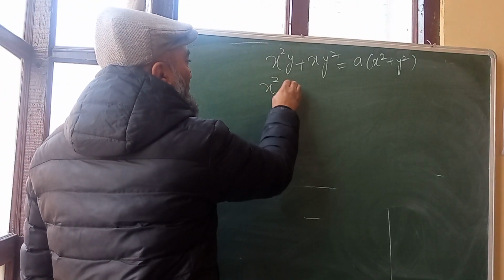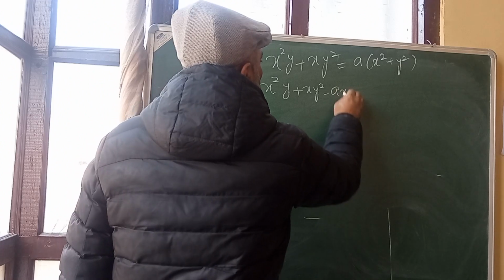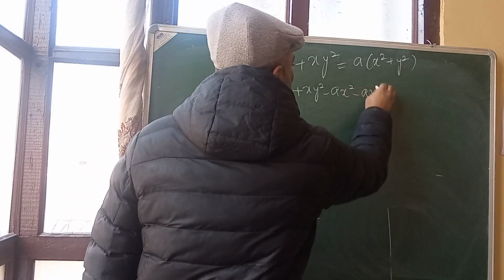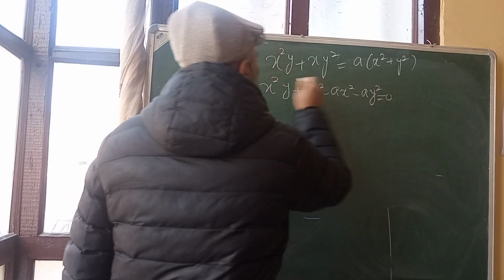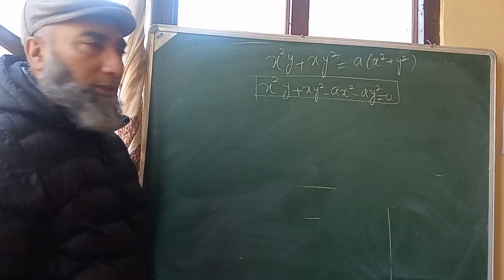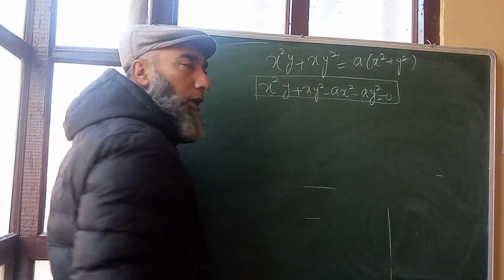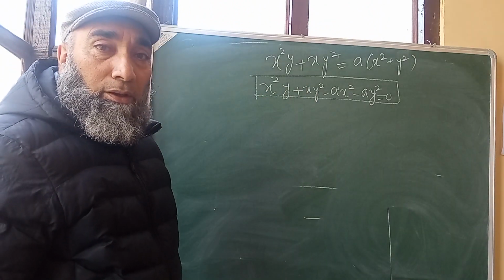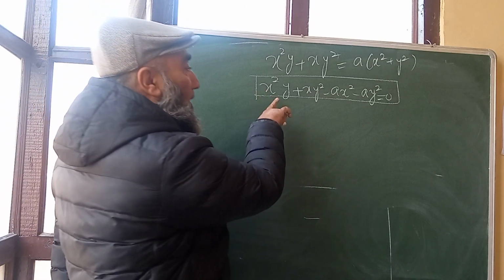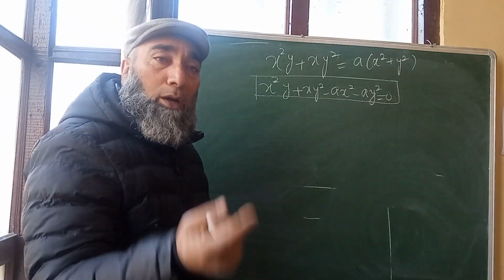This can be written as x square y plus x y square minus a x square minus a y square equals 0. This is a cubic in x and y, wherein x cube and y cube are absent.